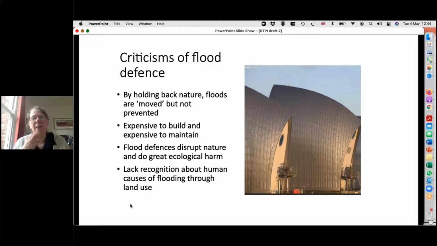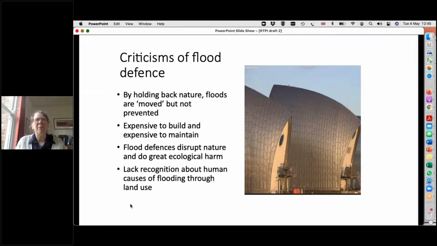So flood defence came into criticism at the end of the 20th century. There was this recognition that by holding back nature, flood defence is moving floods but not preventing them. The Thames Barrier you can see in this photograph is another, more modern example of flood defence, which is seeking to hold back the tide.